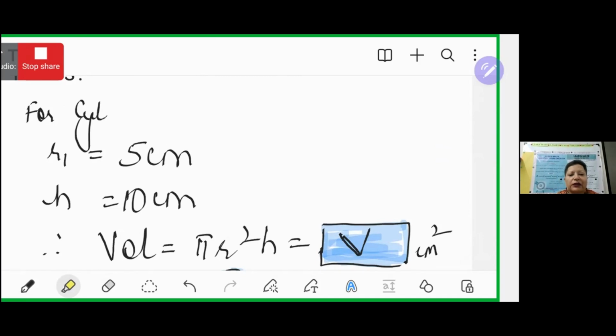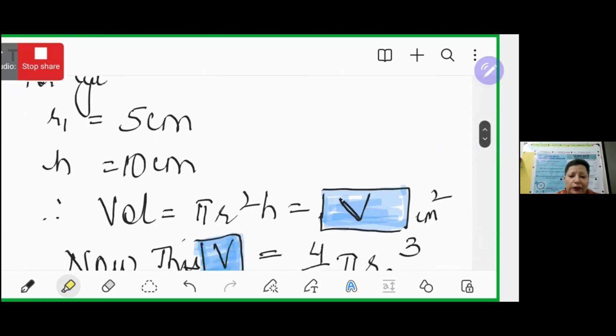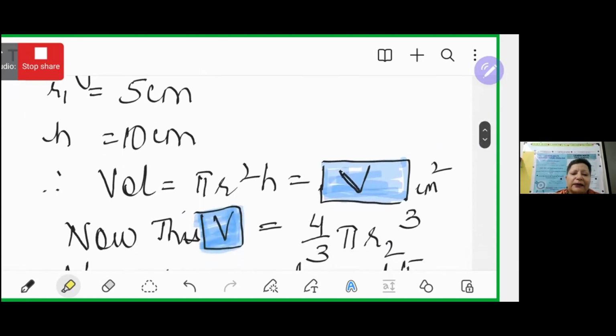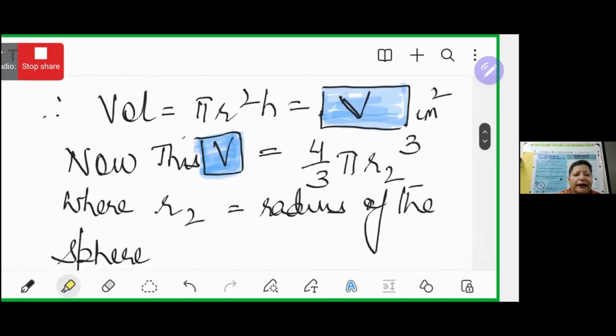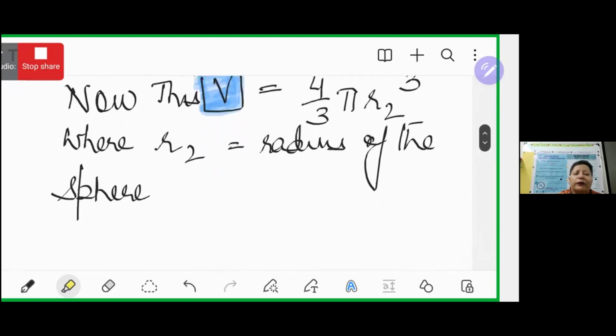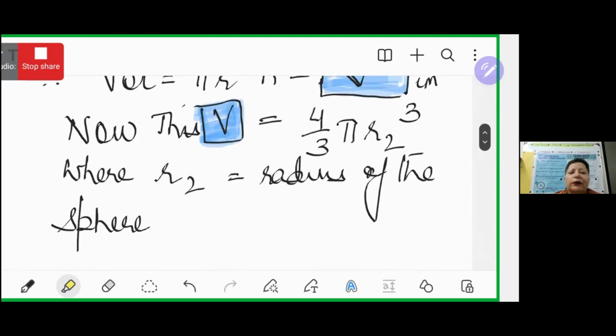So volume is given as pi r square h for the cylinder, then I substitute the values and I find out my volume. That volume would then be equal to 4 by 3 pi r cube, and from there I can find out my r. I've left this as a sum for you to do.